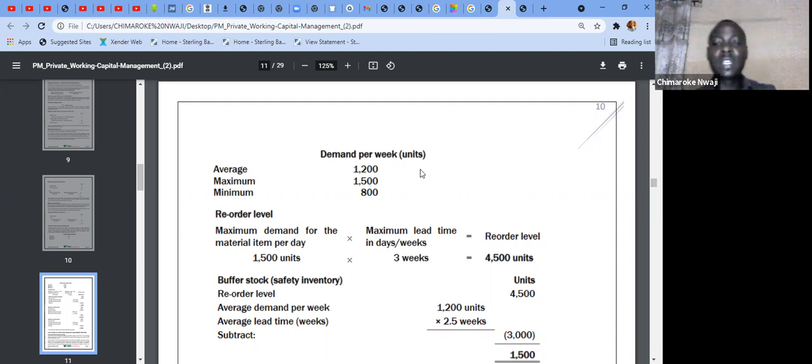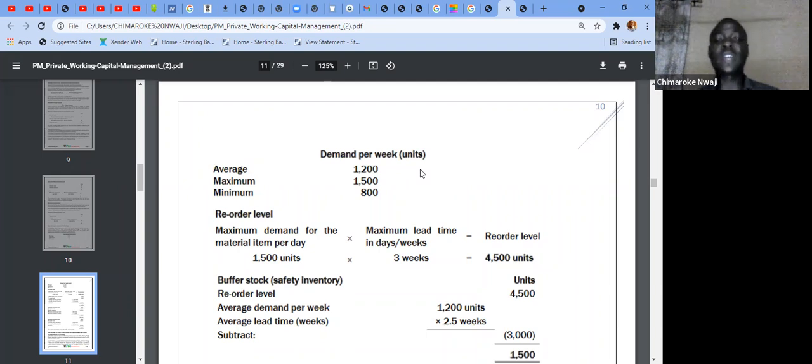Wow, you see that 1,500 from 6,000 gives you 4,500. So you say, oh, the next day, when your closing stock happens to be 6,000, you tell yourself the next day I am making an order. If I'm not making an order today, I'm making an order the next day. And so you see here that if you put a control, you will not forget to make an order when it is your reorder level.